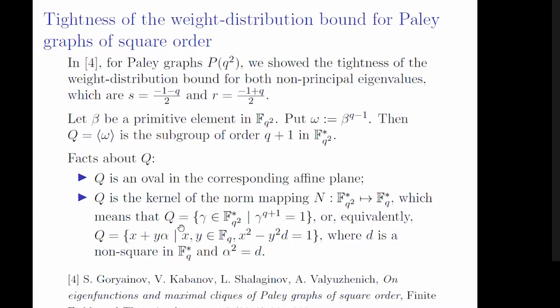which means that Q is the set of solutions of this equation gamma^(q+1) = 1, or equivalently, Q is the set of all elements x + y alpha, where x and y are from the subfield F_q, and x^2 - y^2 d = 1, where d is a non-square in the multiplicative group of the subfield, and alpha^2 is d.